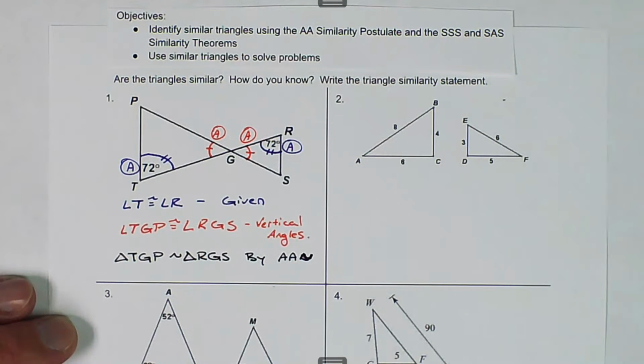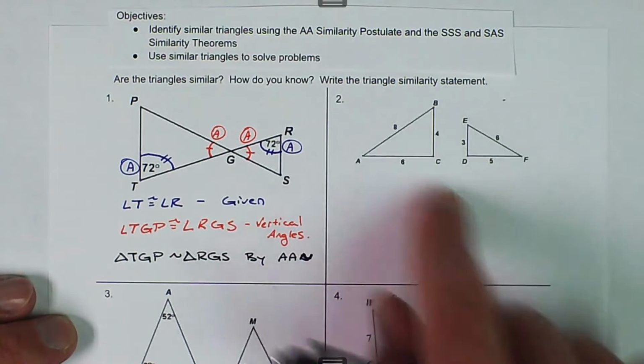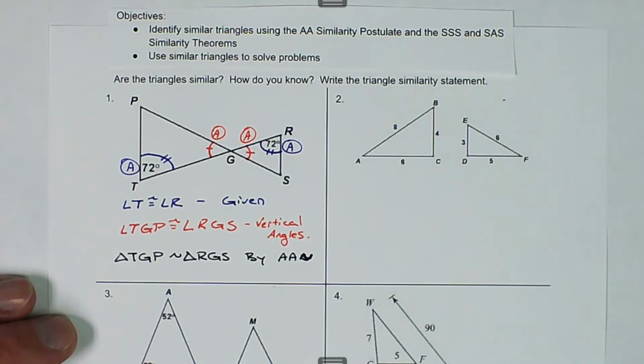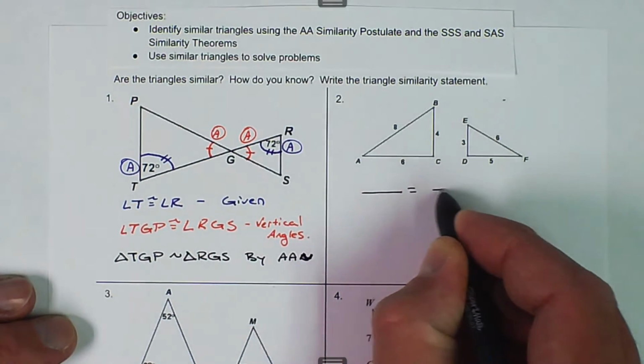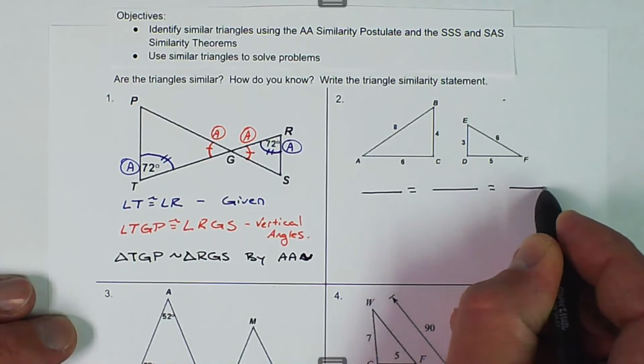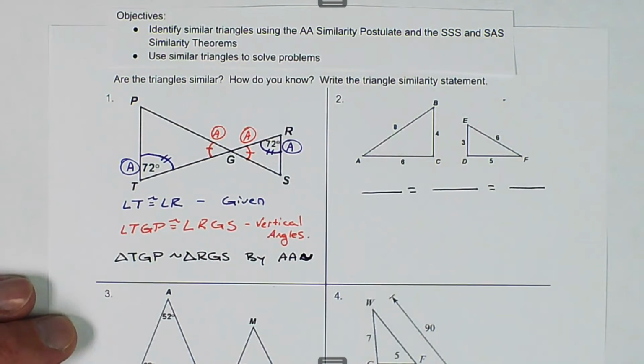I'm going to get example 2, and the next thing we want to decide is, are we given any sides or any angles? In this case, we are given 3 sides. So we want to set up an extended proportion. We just want to make sure we compare big to big, medium to medium, and small to small.